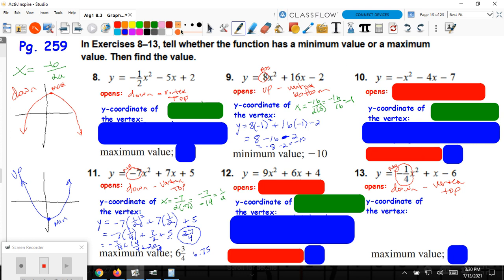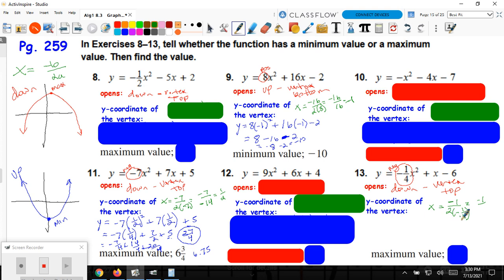Let's find the x. So x equals first. Always got to find x before we find y on these. So I'm going to do opposite of b. So b is 1, so it's going to be negative 1 over 2 times a, it's a negative 1/4. So it's going to be negative 1. Let's see.